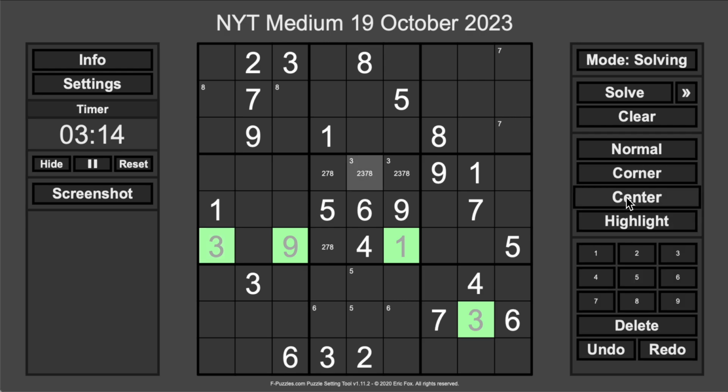Now that one's not 8, but could be 2, 3, or 7. This one, unfortunately, could be just about anything.